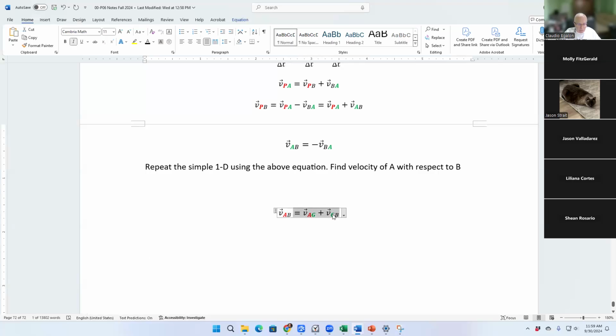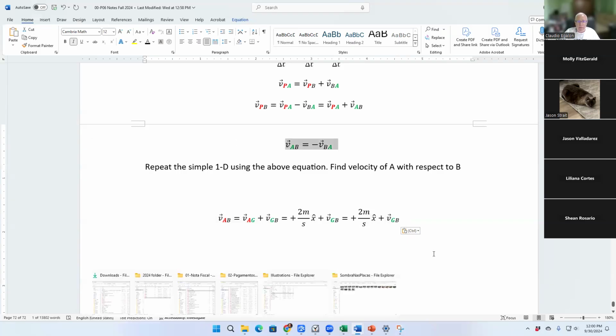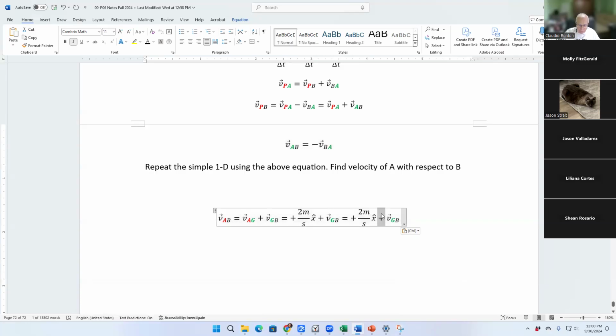We have the velocity of A with respect to the ground, which is 2 meters per second in the X direction. Positive. I'm going to emphasize that this is positive. We do not have the velocity of the ground with respect to B, but we can find it just by applying that relationship that you saw right here. If you have to switch the subscript, you have to add a negative here. And instead of GB it is going to become minus BG.